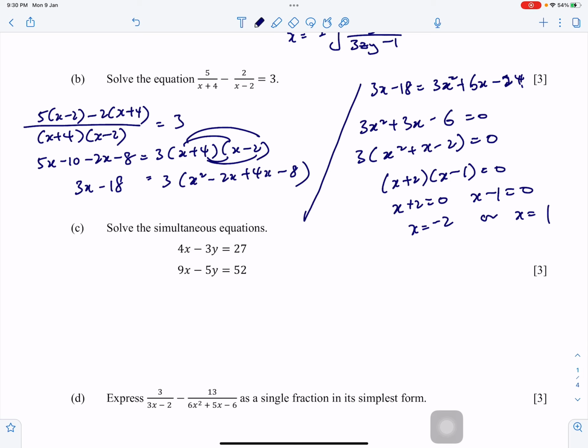Now simultaneous equation, basically I will use the elimination method. Elimination method is to find a common multiple of one of the factors inside here. In this case, I will use y. Obviously, you can use x as well if you want to. Either one will do. And then that's equation 3.